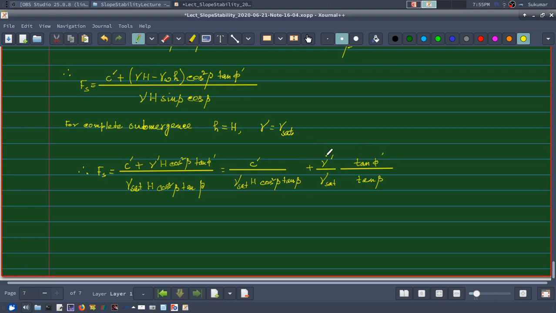And for usual sands, you know that this quantity is nearly 0.5. So if it is a cohesionless soil, then this term will not be there, and for dry case my factor of safety was tan phi dash by tan beta. Now it has become the dry factor of safety multiplied by the ratio gamma submerged to gamma saturated, which is about half.